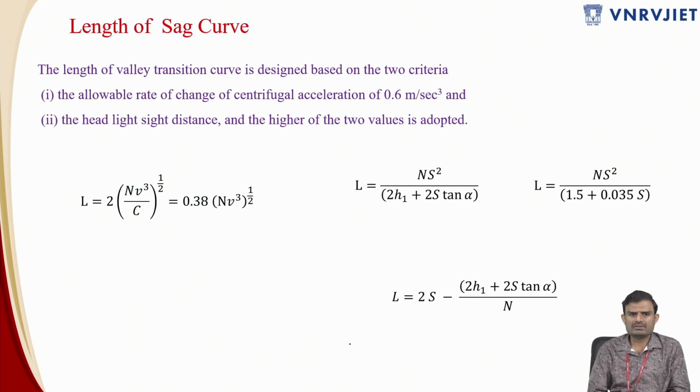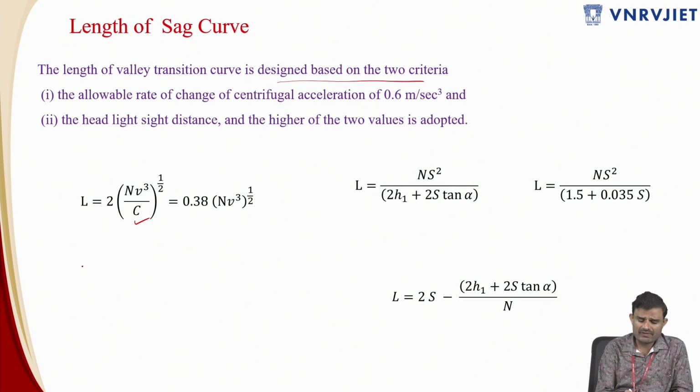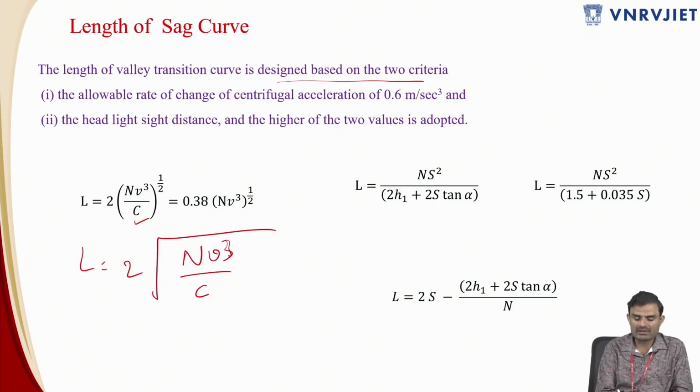Next, the length of the sag curve. The length of the valley transition curve is designed based on two criteria. One is the comfort criterion, and the next one is again stopping sight distance, but this is not called stopping sight distance because this is a problem during night time, so we call it headlight sight distance or better light beam distance. So the formula is L equal to 2 times the root of N V cube by C, where V is the speed of the vehicle, N is the deviation angle, which we have discussed previously, and C is the comfort-related parameter.